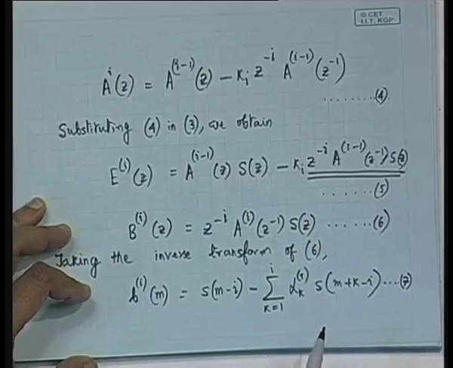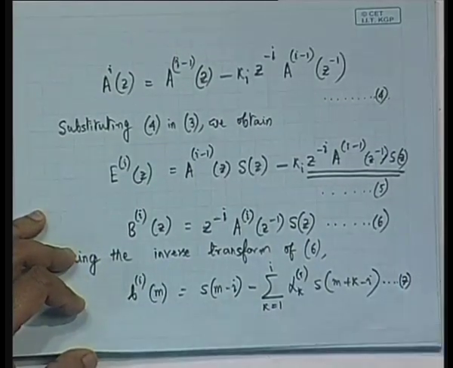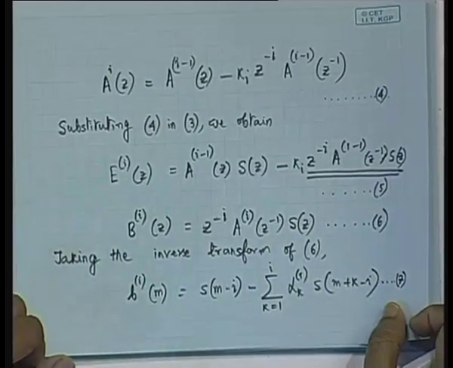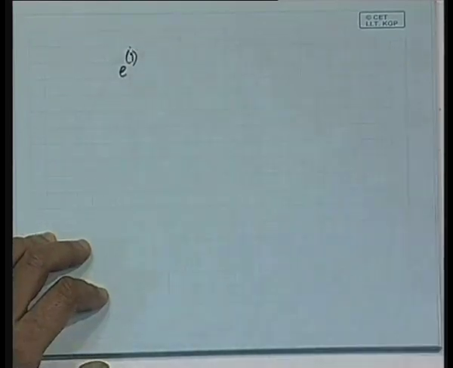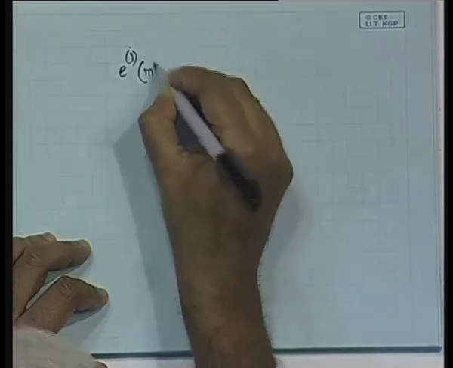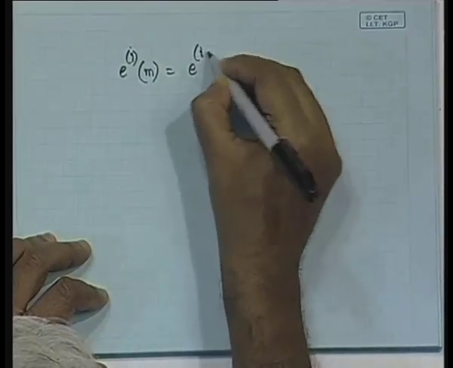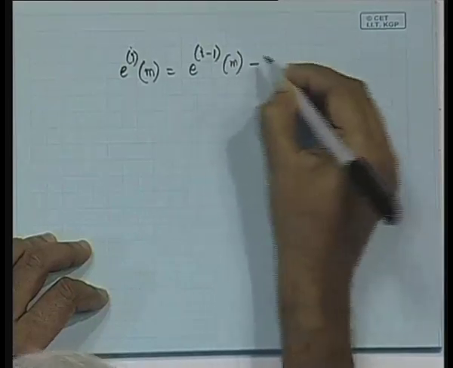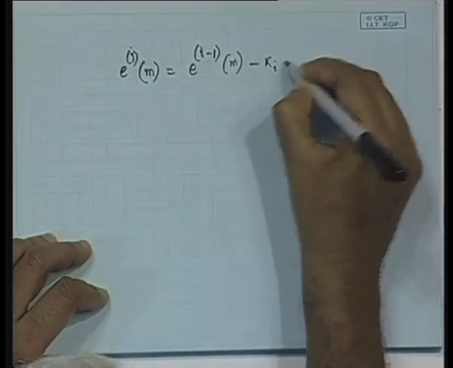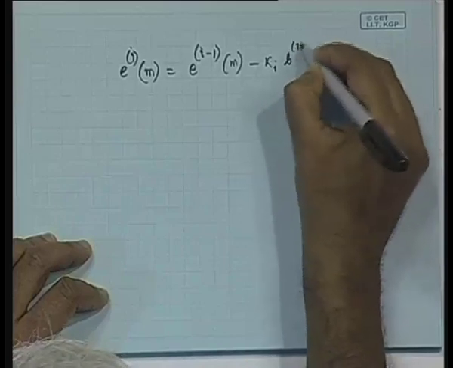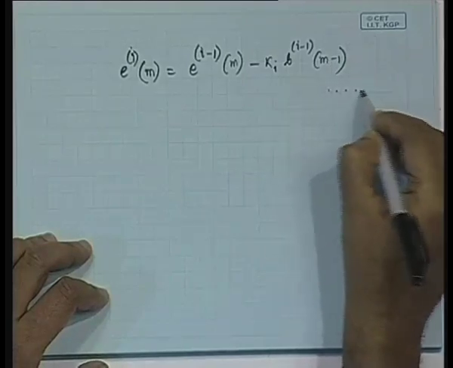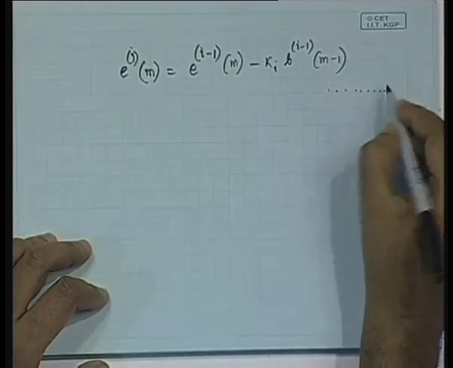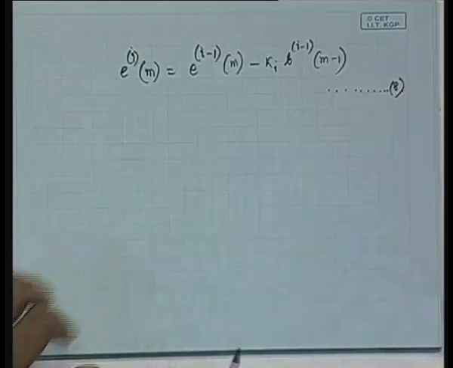the E of I minus 1 m. In fact, it can be shown that the prediction error sequence E I of m can be written as E I minus 1 m minus k I b I minus 1 m minus 1. This is going to be equation number 8.